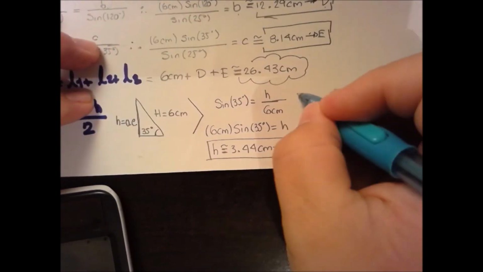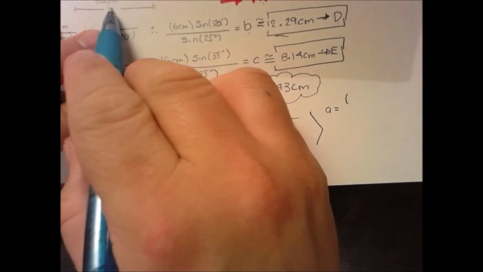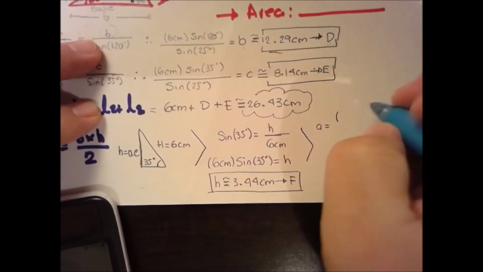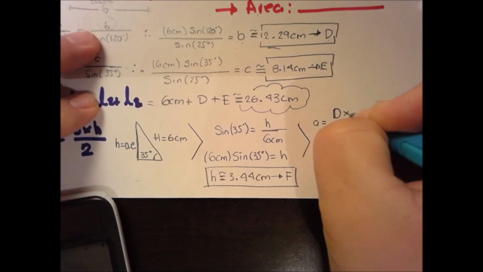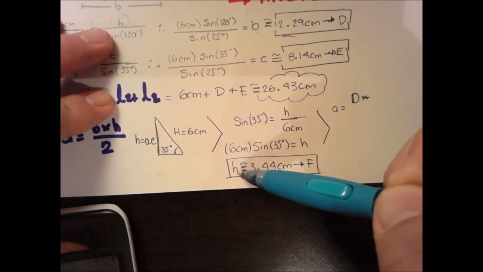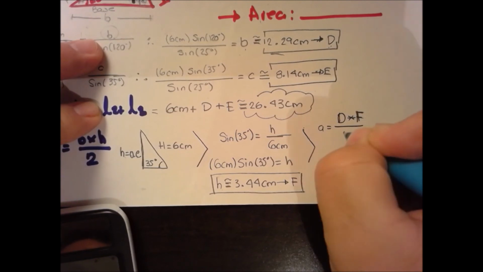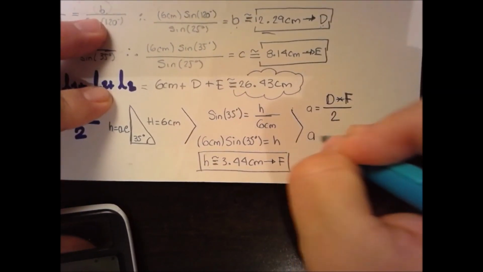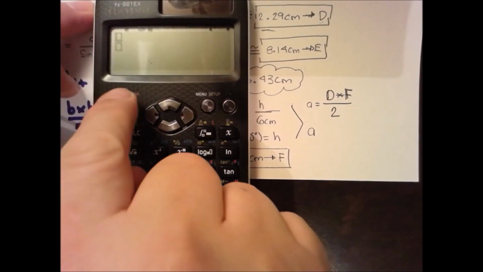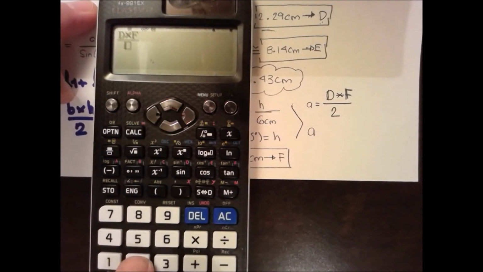Good. Right now I'm going to calculate the area. Area is equal to base times height over 2. Base in that case is B, that at the same time is D. Height is H, that at the same time is F on my calculator. Okay, so area is going to be alpha D times alpha F over 2.